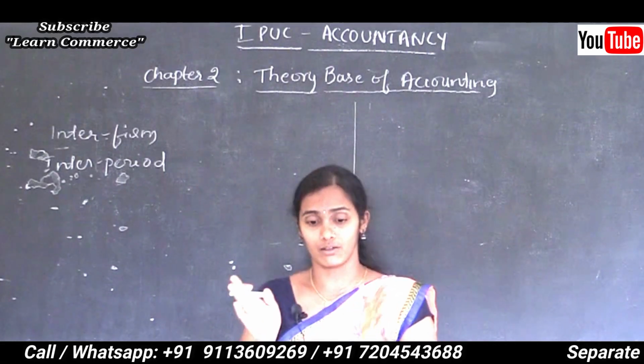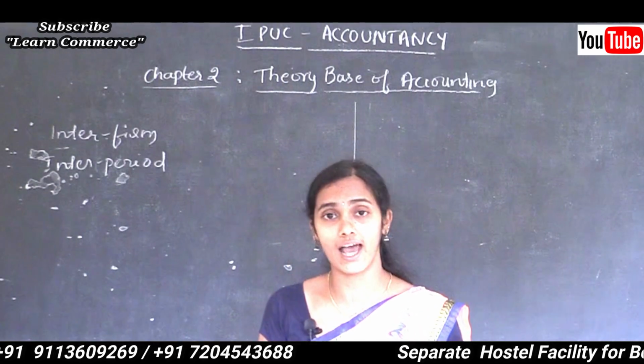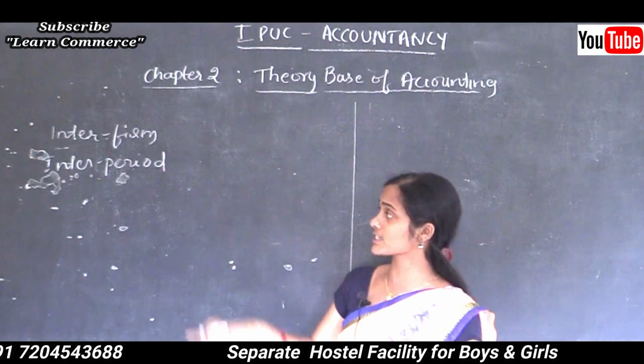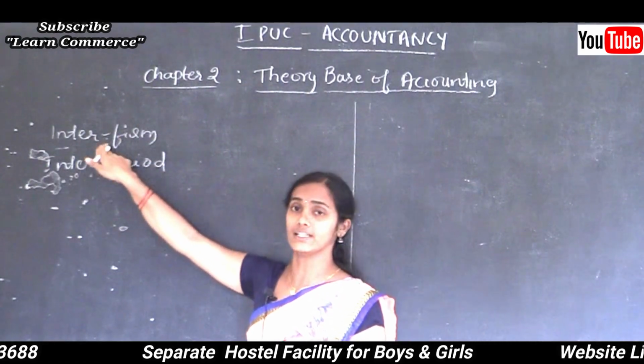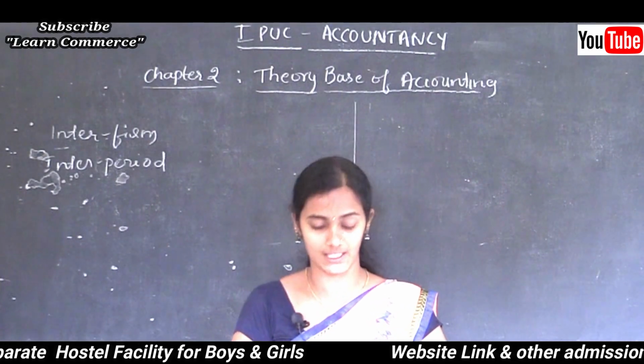So we need accounting information, and that information should be reliable and comparable. So comparability is required to make both inter-firm and inter-period comparison. That is a very important concept here.